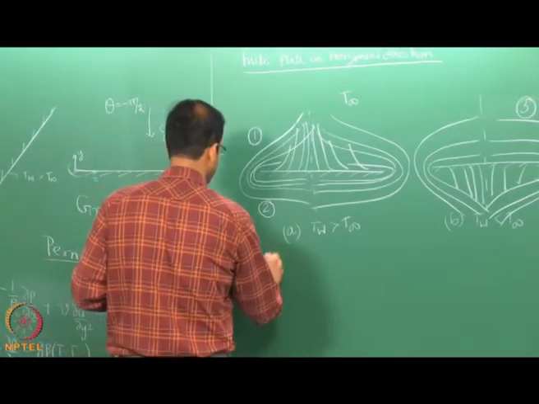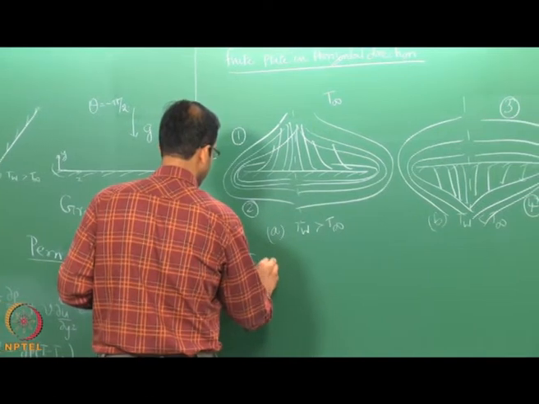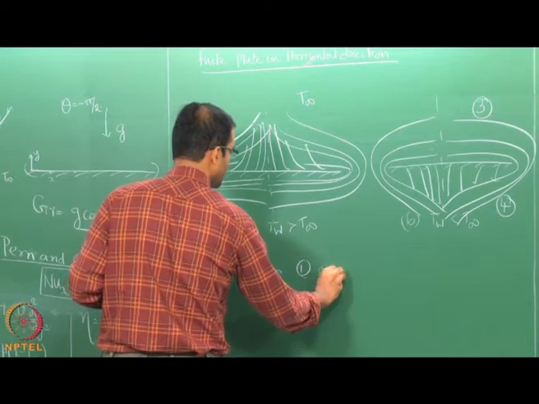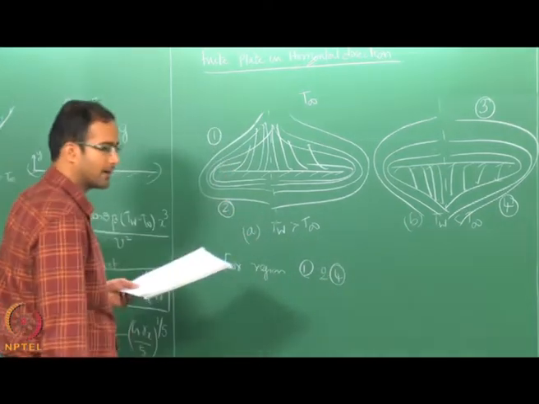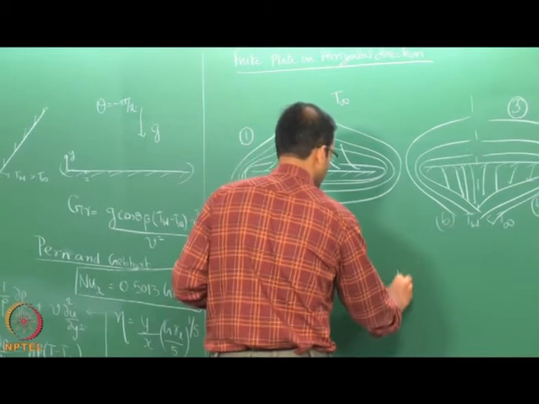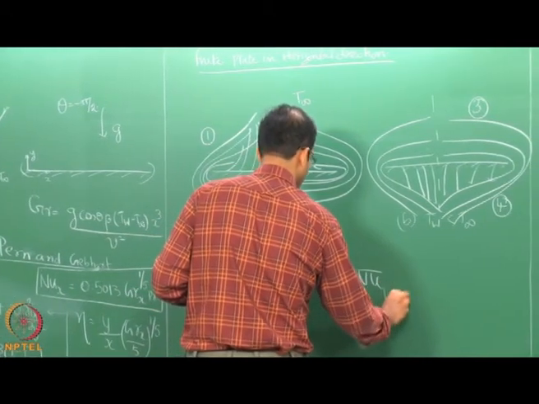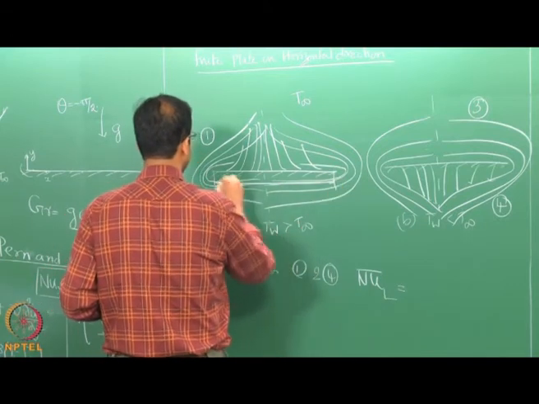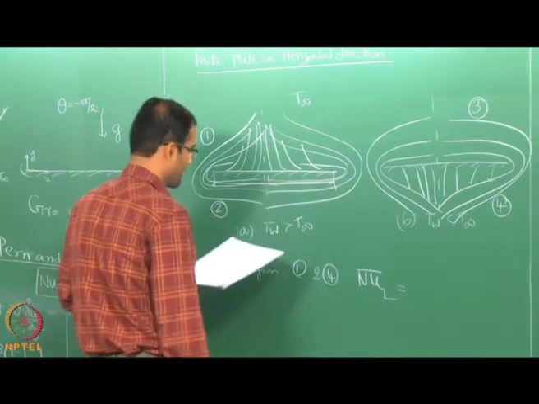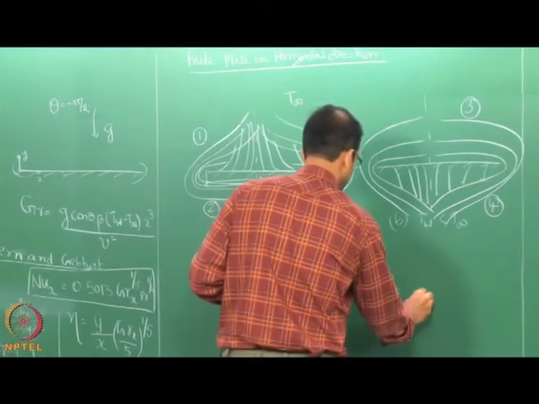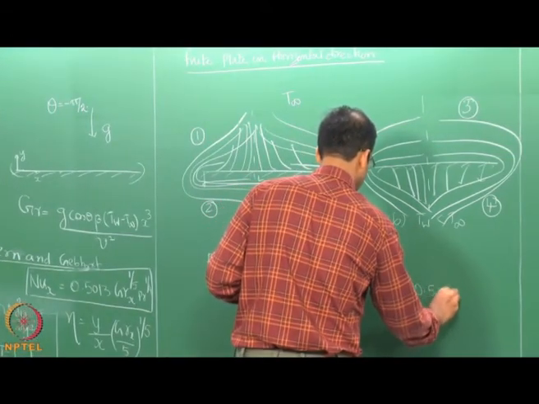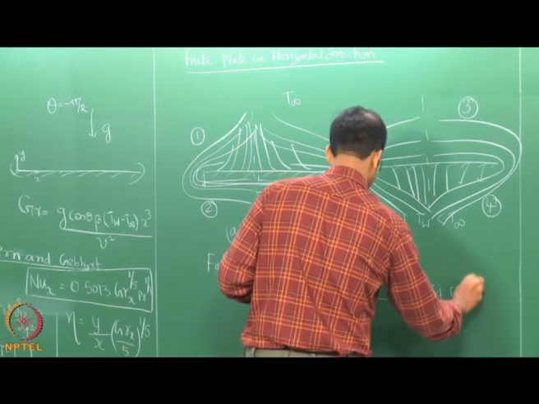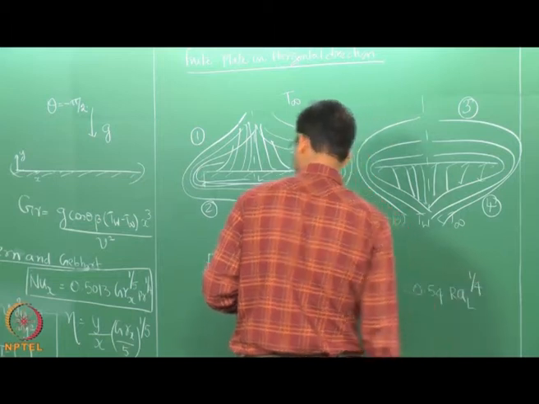So, for regions one and 4, these are identical flow patterns. So, the average Nusselt number based on the length of the plate, you can call this plate length to be some capital L, is calculated as 0.54 times Rayleigh number to the power 1 by 4.